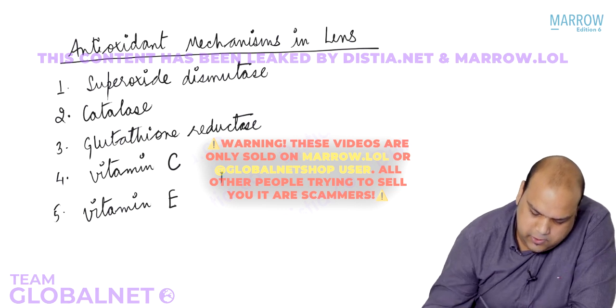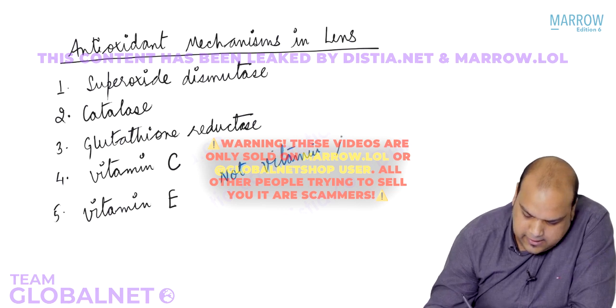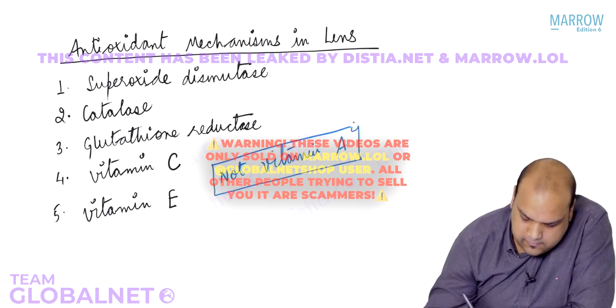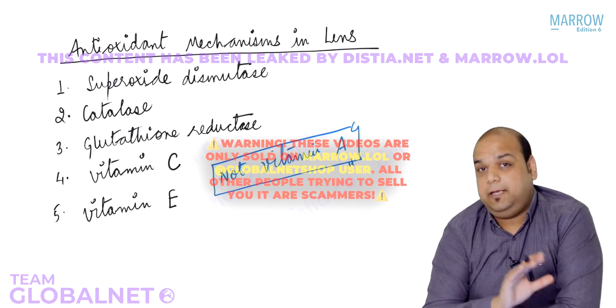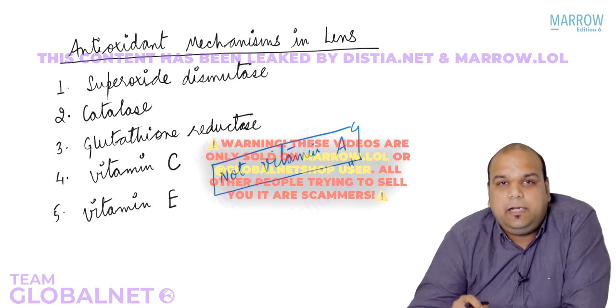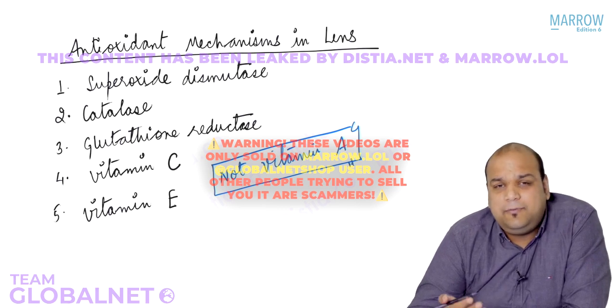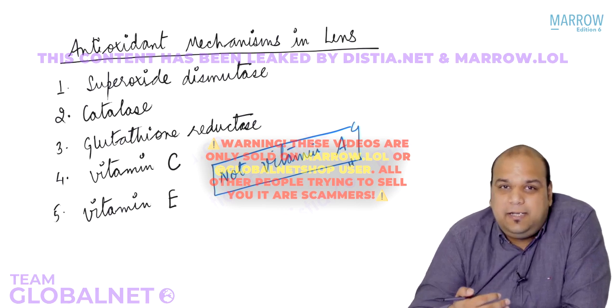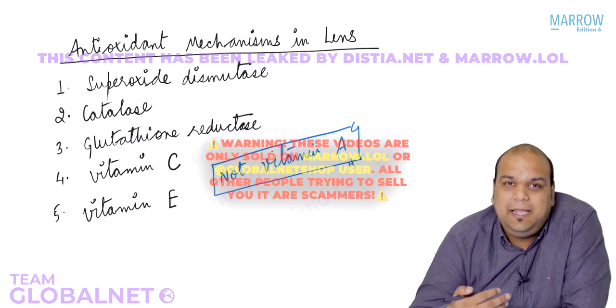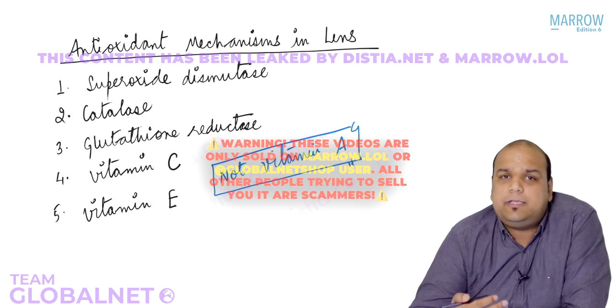Please remember, not vitamin A. Not vitamin A. So this is a question which you will encounter in your question banks or in your previous year questions, guys. That vitamin A otherwise is an antioxidant, yes. But for lens, vitamin A is not considered an antioxidant mechanism.